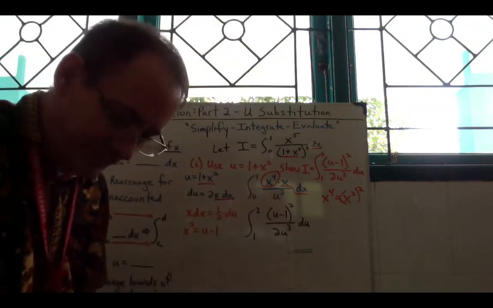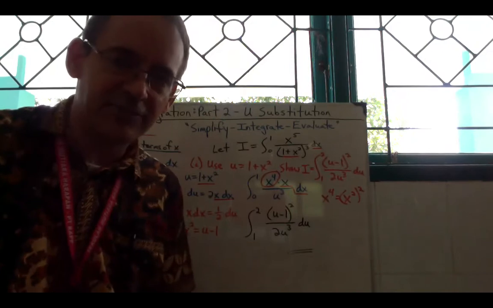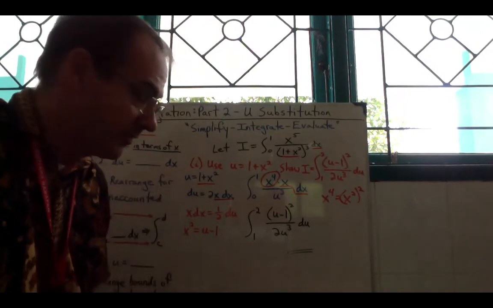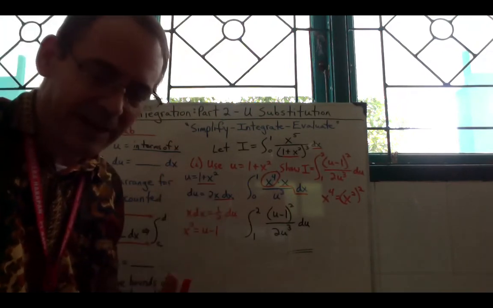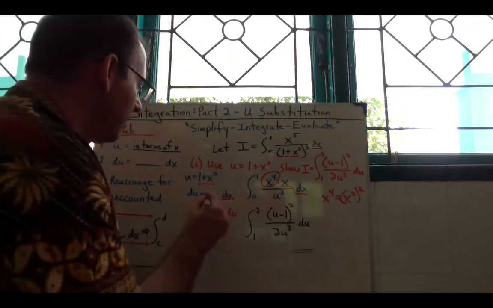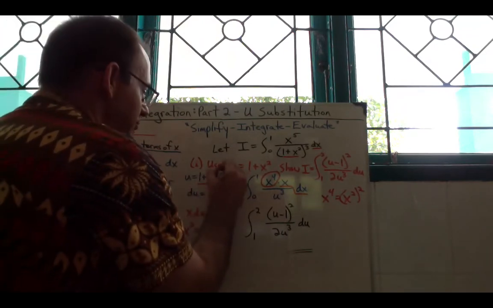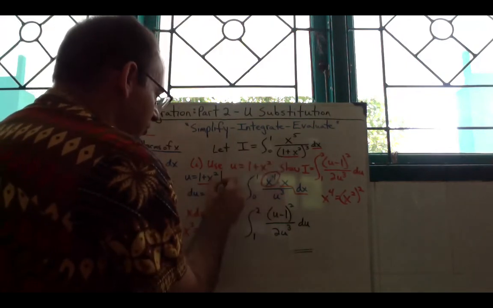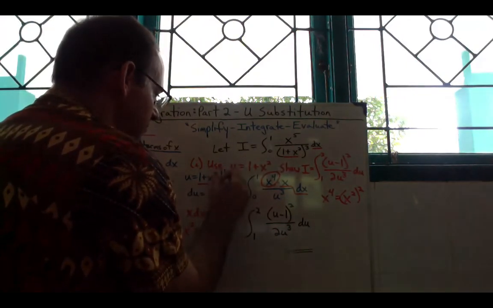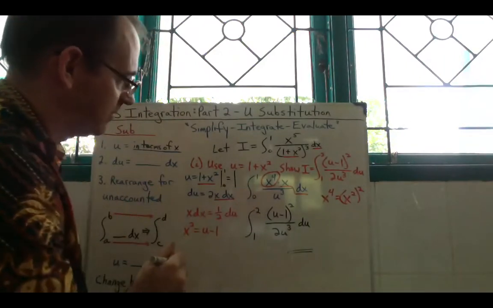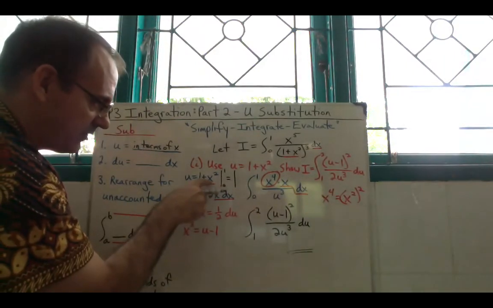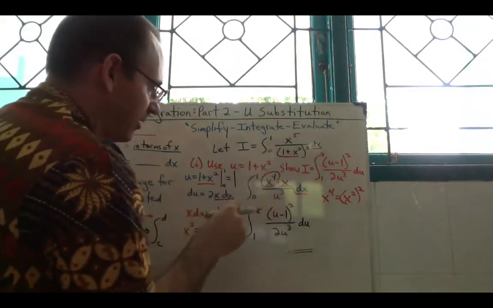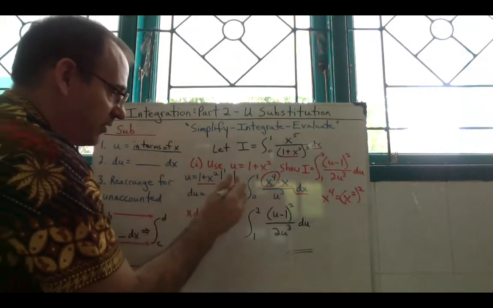Now we need to do the bounds of integration. I usually leave the bounds of integration. You can do it first. It doesn't really matter when you do it. So here's our u. So what I do is we're going to evaluate it when our x is 0 and 1. And what does that give us? So when we plug in a 0, because this is for the variable x, we get 0 plus 1 is 1.